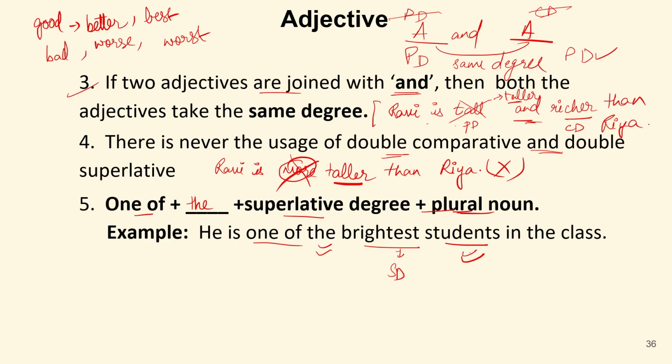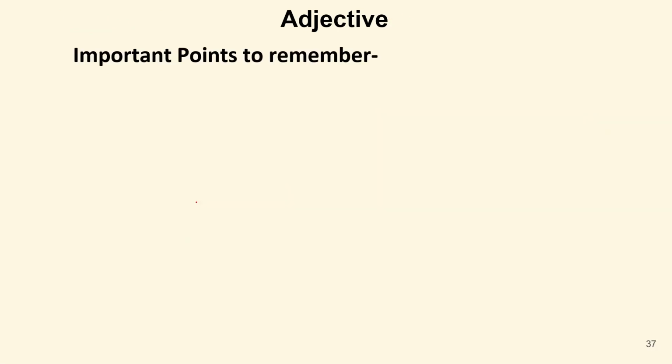Now, one more type of sentence comes from this part, that is, there are some important points to remember. Again, if we compare two persons with each other and we have used the word than, let us take an example.